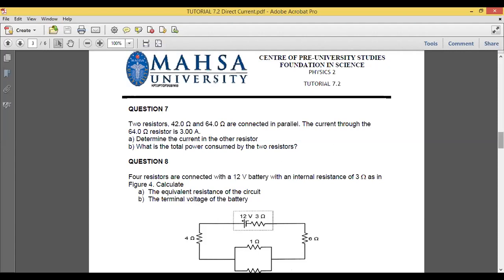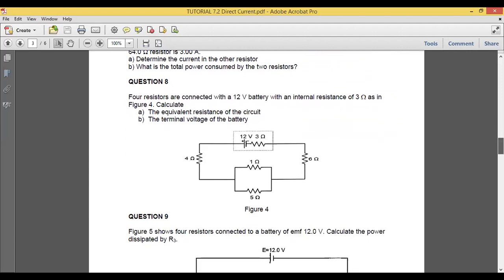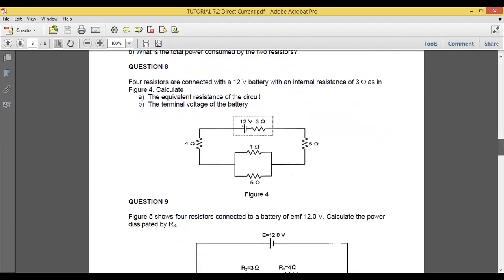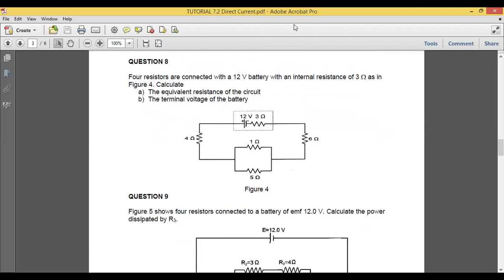Next, question 8. Here for question 8, you have an internal resistance. So when you have an internal resistance, you need to consider the internal resistance in your calculation. Here your internal resistance equals 3 ohm. So this is the internal resistance inside your battery.